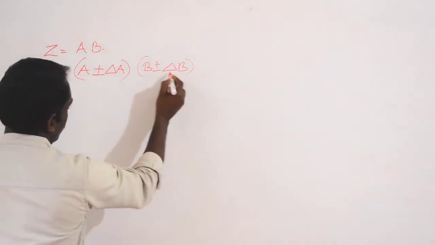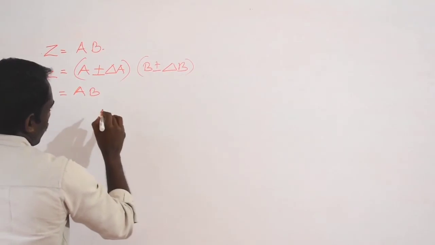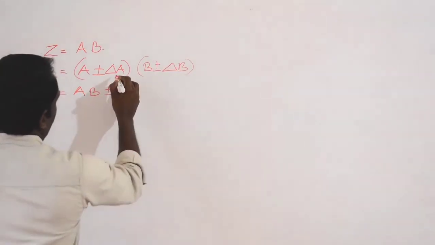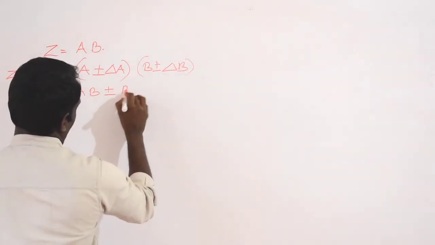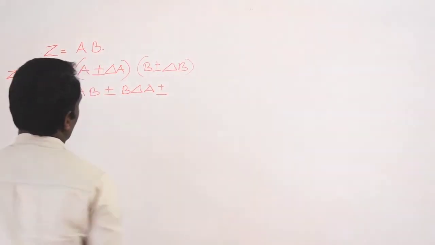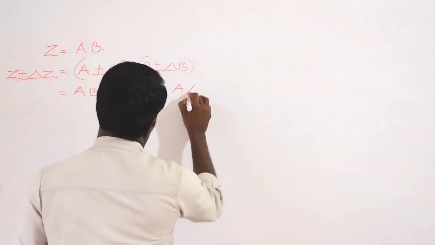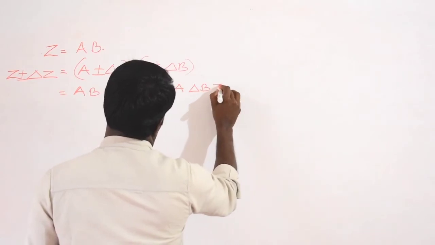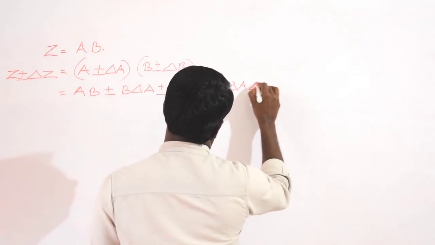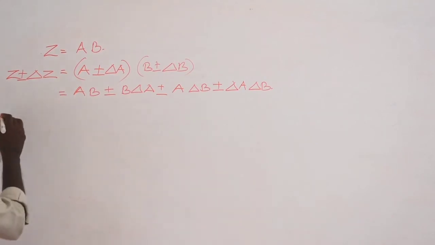A into B, AB, then plus or minus delta A into B, that is B into delta A, plus or minus A into delta B, plus or minus delta A into delta B. Divide this LHS by Z.